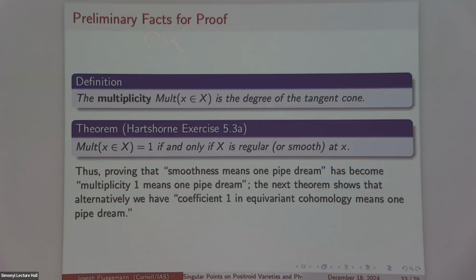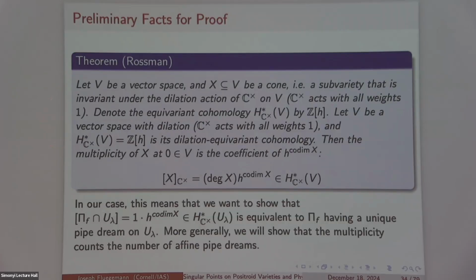So the way that you go about this proof is you consider this multiplicity. It's a classical result that if the multiplicity of a point on a variety is 1, then you're smooth at that point. So we have to prove that the multiplicity of that point, lambda on a Positroid variety pi f, is equal to 1.